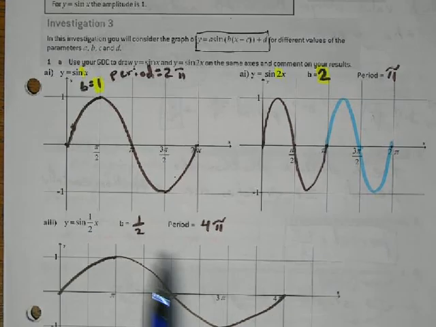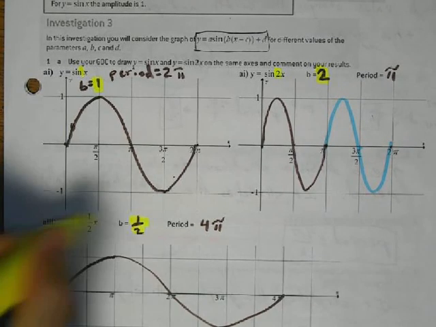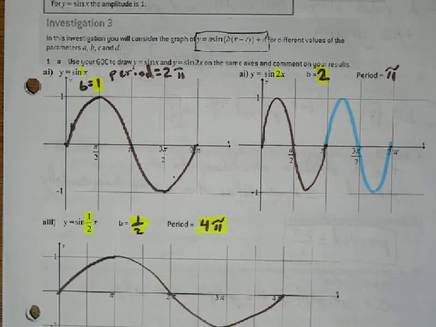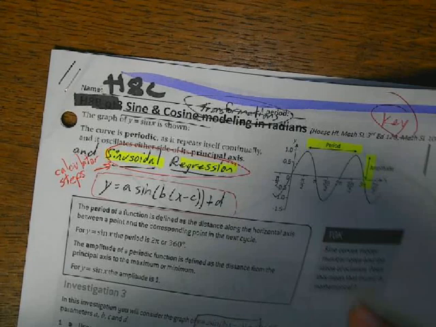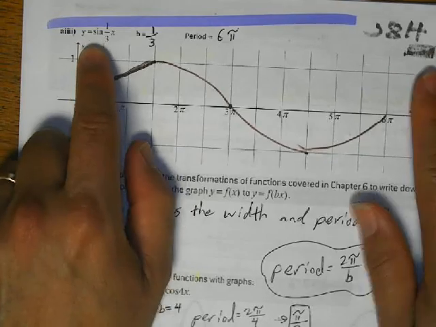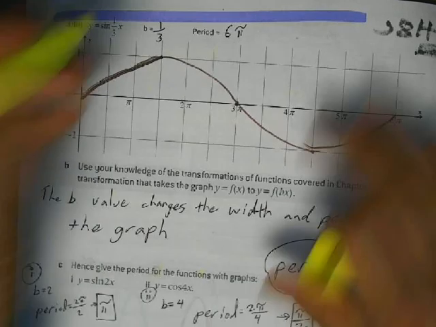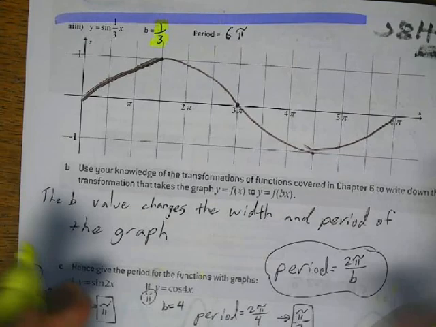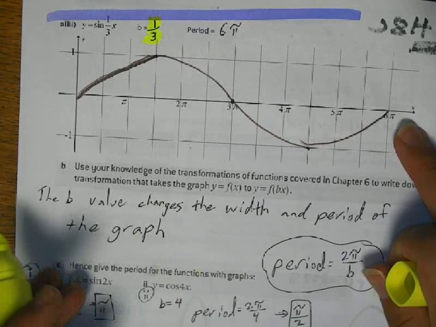My B value is 1/2, and the period is 4 pi. Okay, so sine 1/3 x, my B value is 1/3, and when we graph this on the calculator, we know the period is going to be 6 pi.